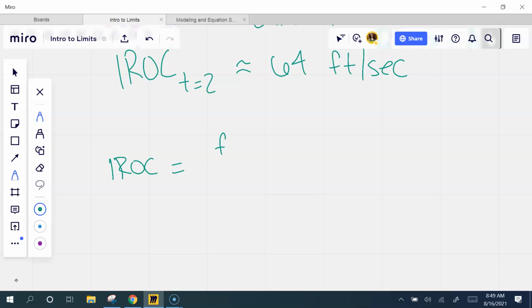f of, general. Yes. Minus. Now let's apply it to our 16t squared formula.